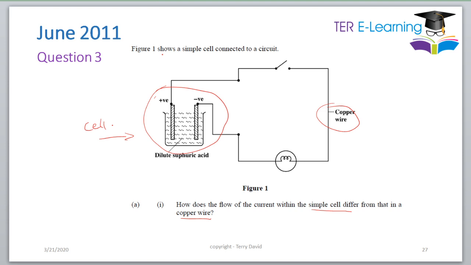Can I get some answers from this? So the question wants to know what is the difference between what is happening in the cell and the copper wire.